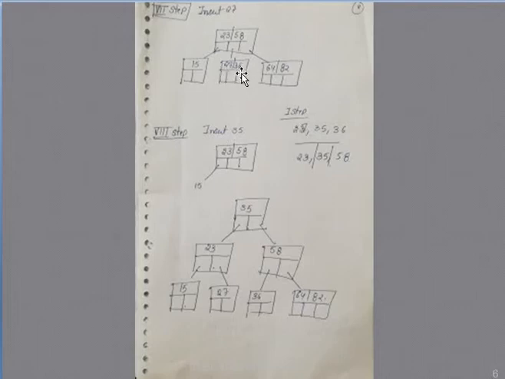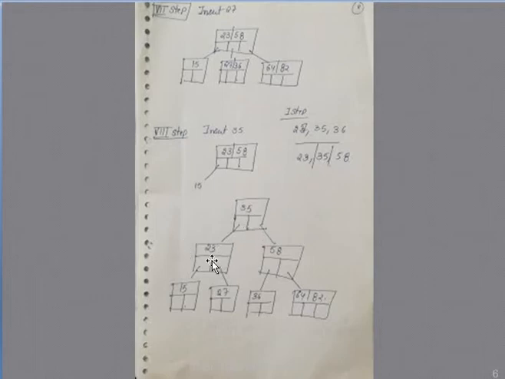If we are appending 35 at the leaf node, the elements that we get are 27, 35 and 36. So 36 will go to the root node place. In the root node place, 2 parent values are already there, that is 23 and 58, so once again one more split occurs.